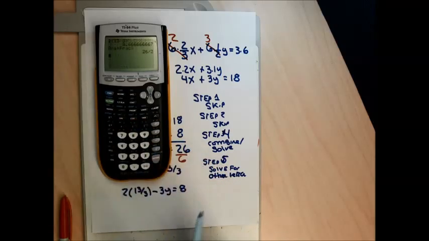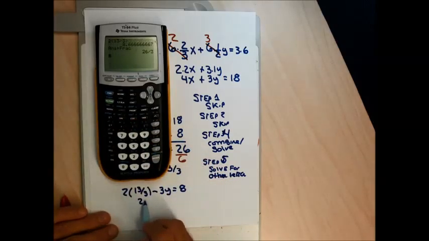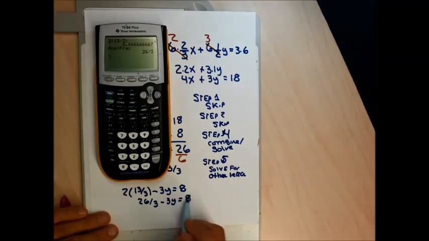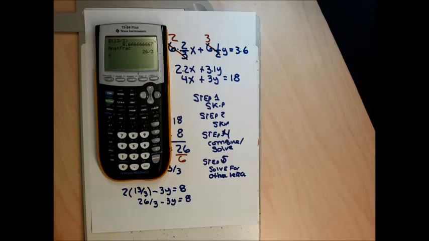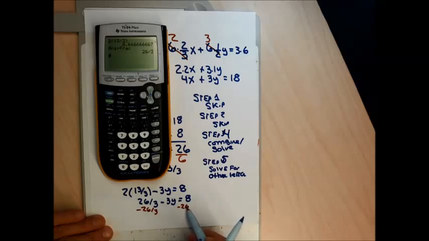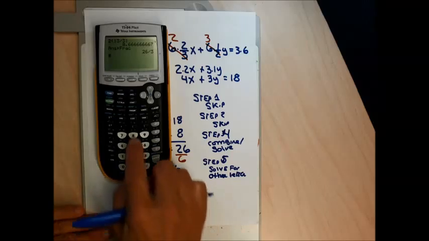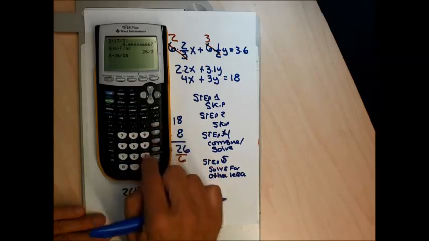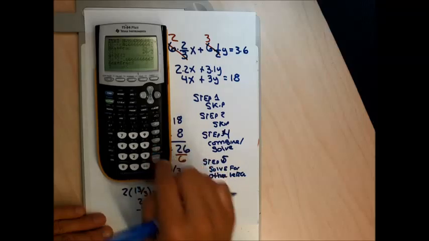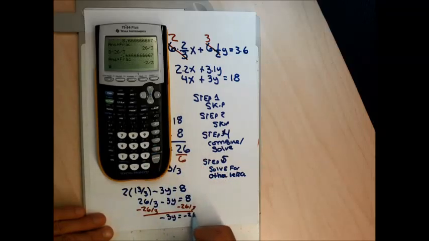Math, enter, enter. So now I have 26 over 3 minus 3y equals 8. I'm going to subtract 26 over 3 from both sides. That's going to give me minus 3y equals, and then go 8 minus 26 over 3, math, enter, enter. That gives me minus 2/3.